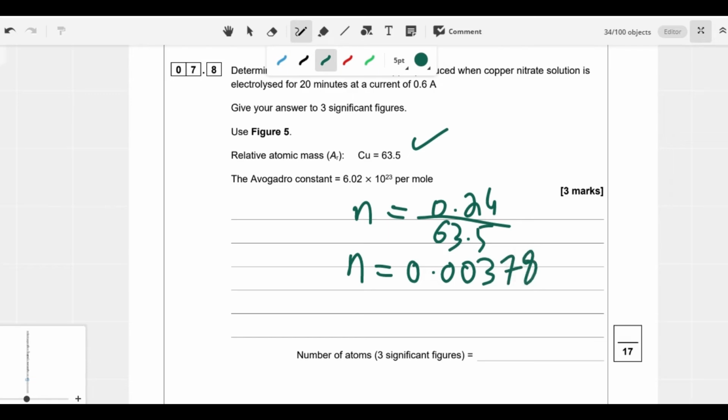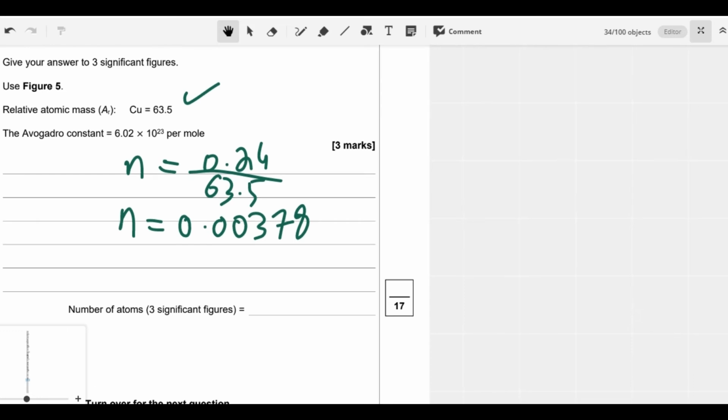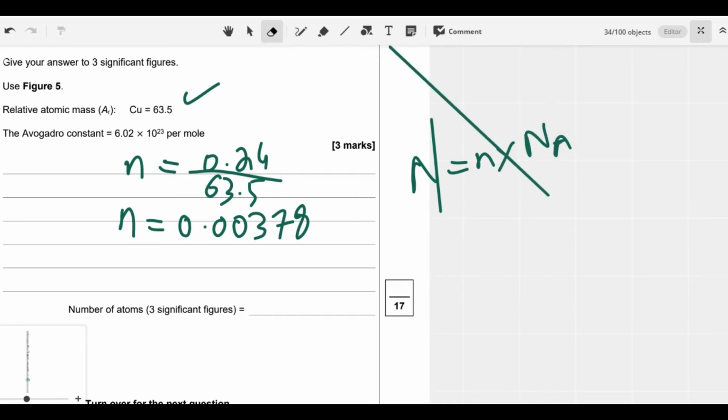And now you have to apply the second formula to find the number of atoms, capital N. The number of atoms is equal to moles times Avogadro's number.